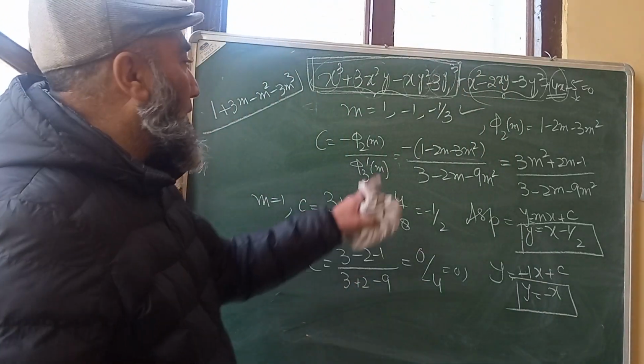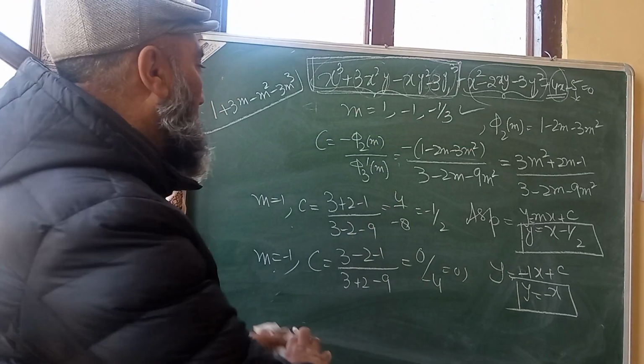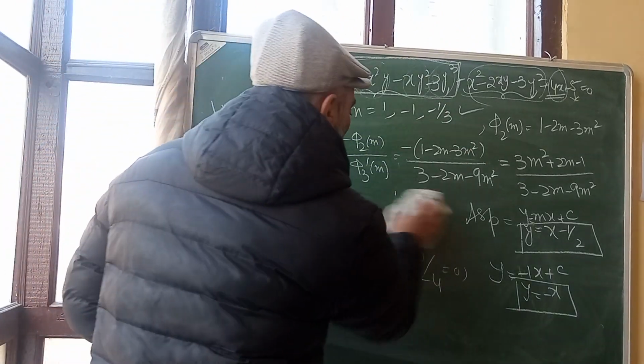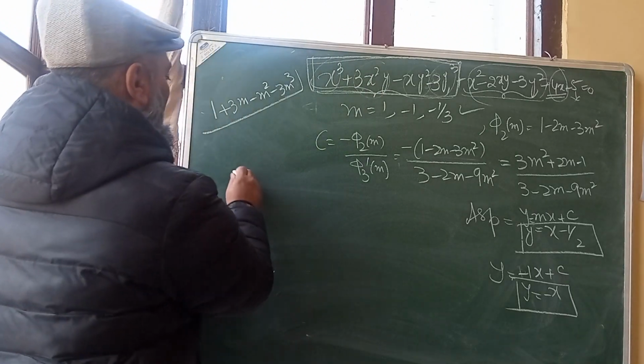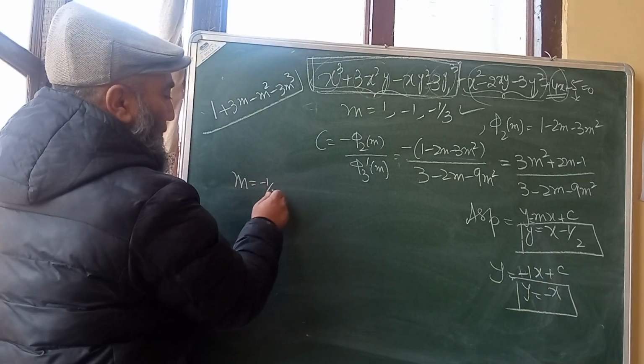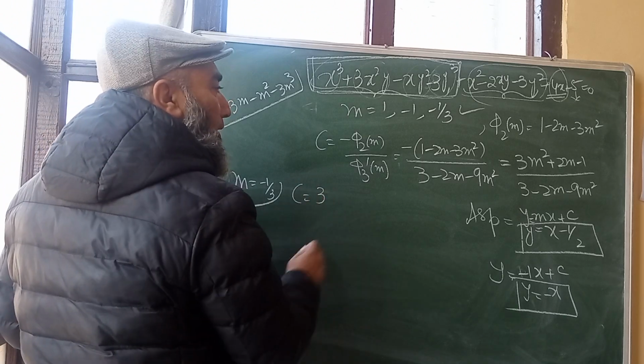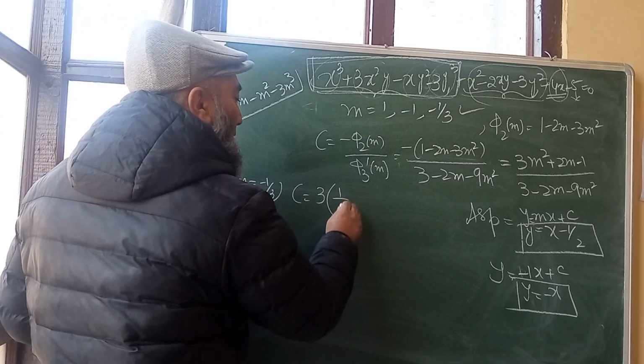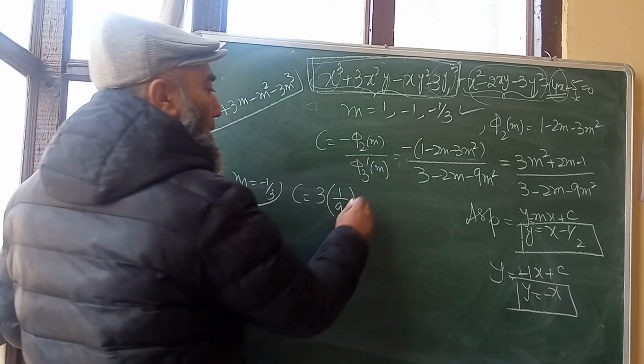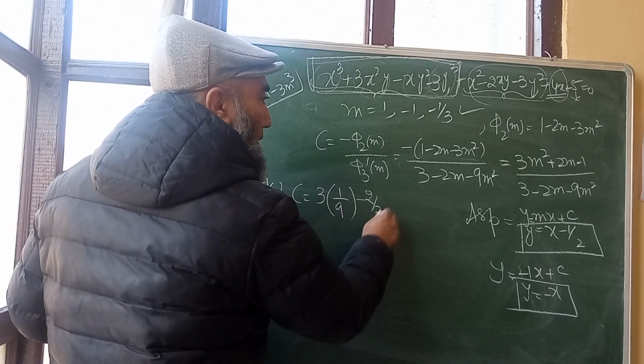I have to find the third when m is equal to minus 1 by 3. So when m is equal to minus 1 by 3, what is c? 3 into minus 1 by 3 whole square, 1 by 9, minus 2 by 3, minus 1.